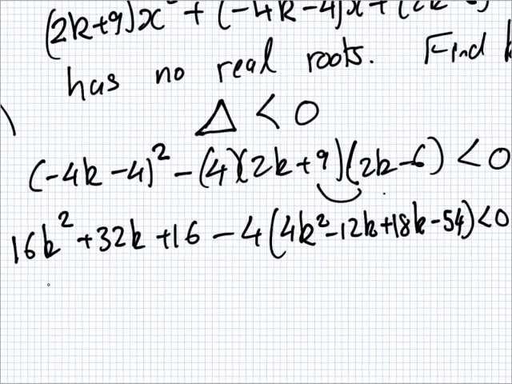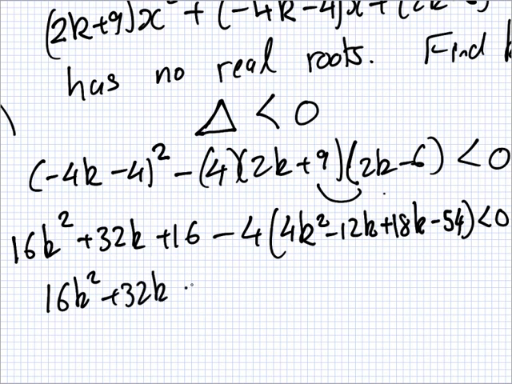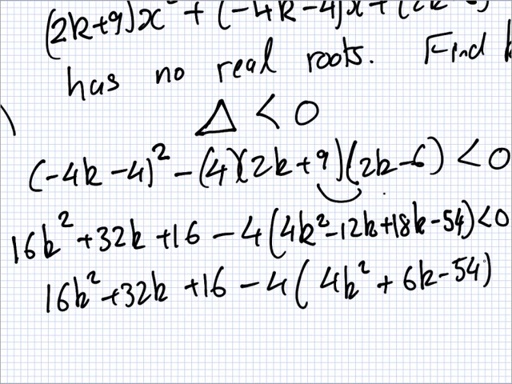Now, next, 16k squared plus 32k plus 16 minus 4 times 4k squared, 6k minus 54.